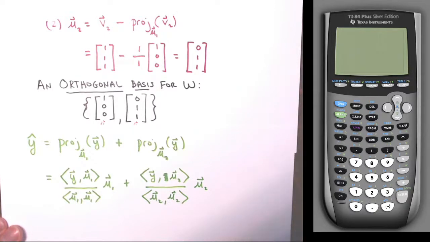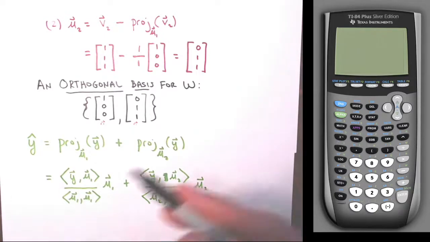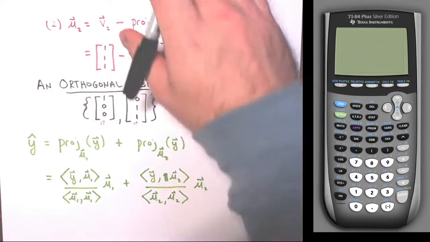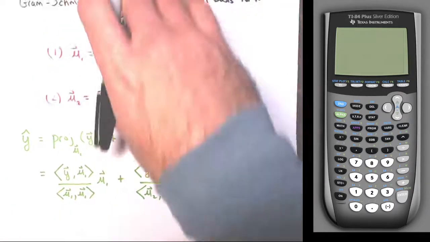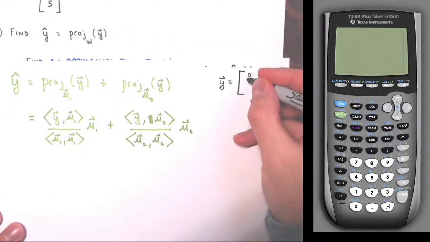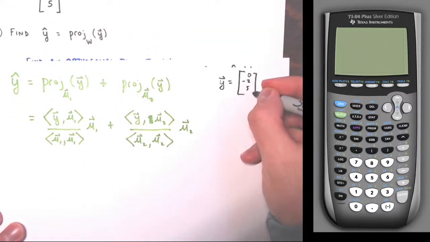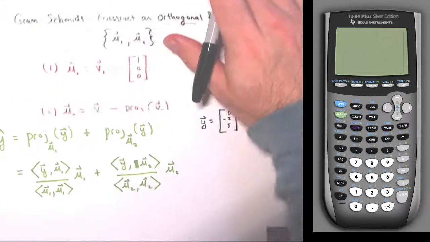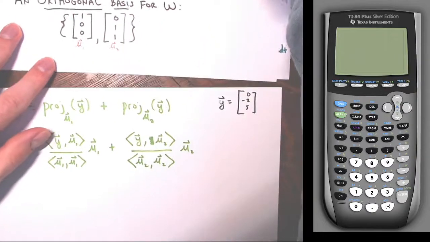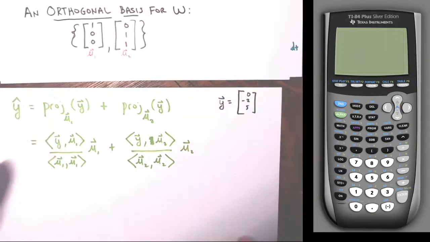Okay, and again off to the side, just so I don't have to keep referring back, remember vector y here was the vector 0, negative 2, 5. I'm just going to write it again here so we don't have to keep scrolling back. And I've got my orthogonal basis, U1 and U2, right here at the top of the page.